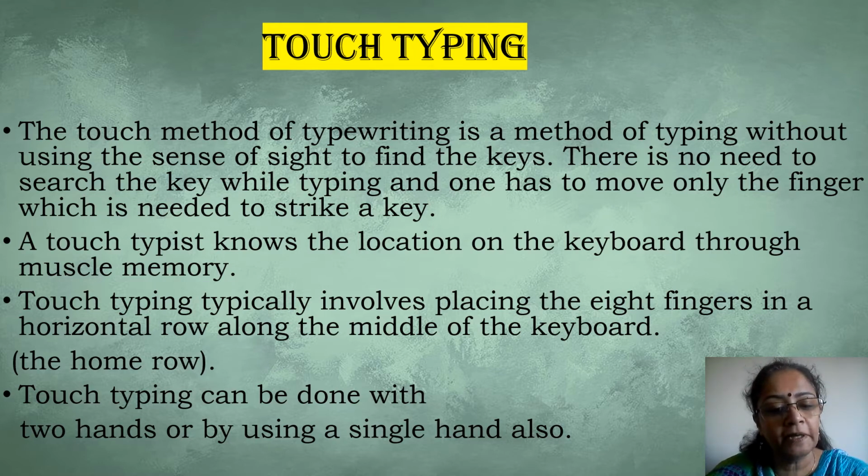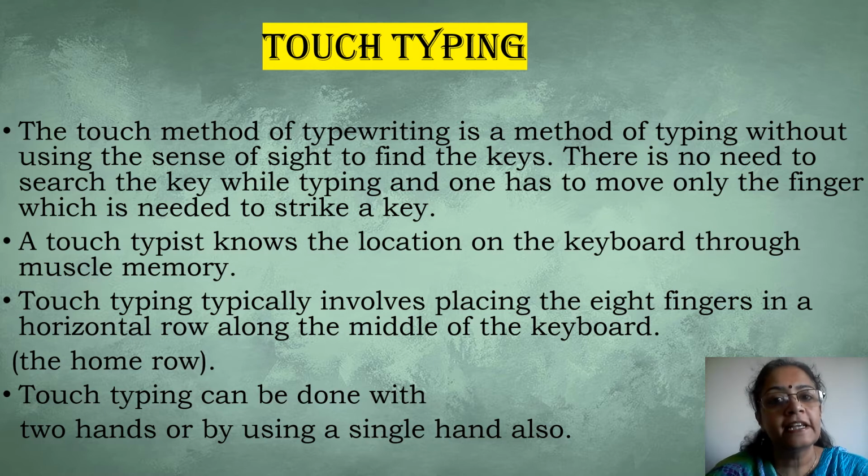Touch typing can be done by two hands or even by using single finger movements. This is basically a way of practicing how to do typing. If you go to typing classes, typewriting classes, they will start with touch typing. They will start with small alphabets, small words and small sentences, and then ultimately move on to longer sentences and paragraphs.